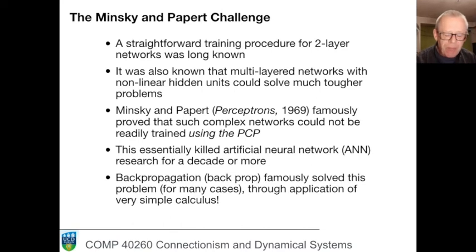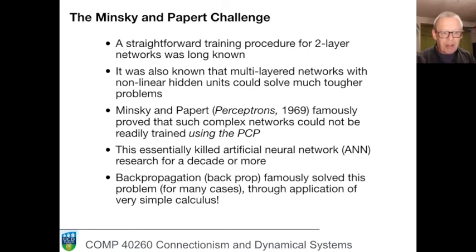It's a great shame that they killed it in this way, because the tweak needed to go from the perceptron convergence procedure to backpropagation, which famously can solve all these problems, is tiny. It involves no more than the introduction of a very, very simple bit of high school calculus. There was no awareness of this by Minsky and Papert.